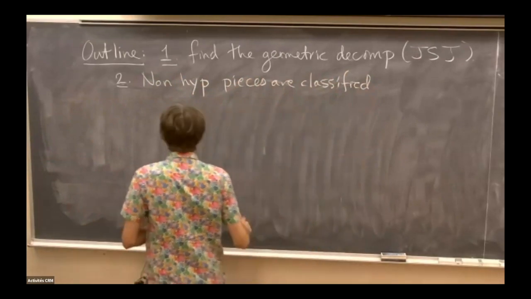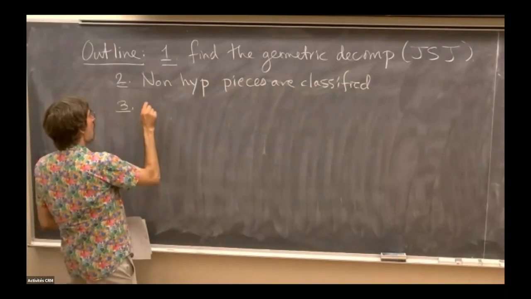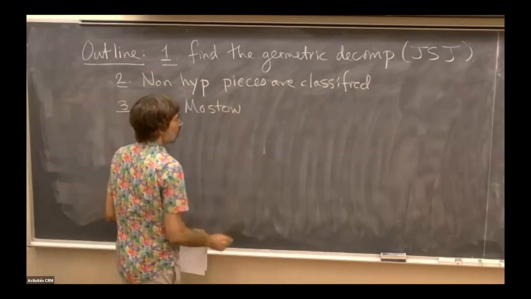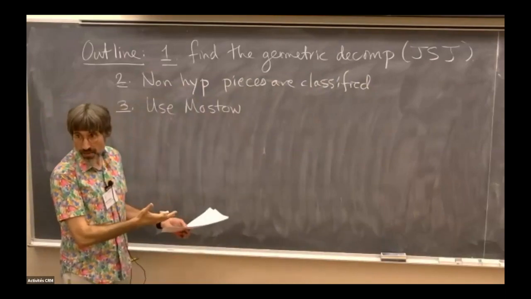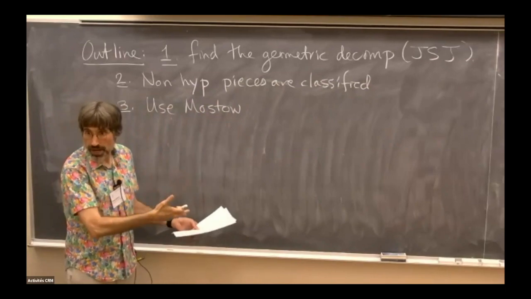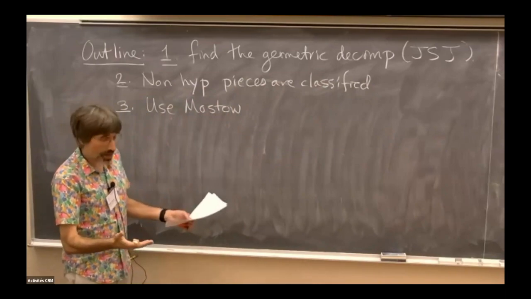And for the hyperbolic pieces, we rely on Mostow rigidity. Mostow rigidity says if you have a hyperbolic metric on a manifold, there's only one of them. Any two hyperbolic metrics on the same manifold are isometric.